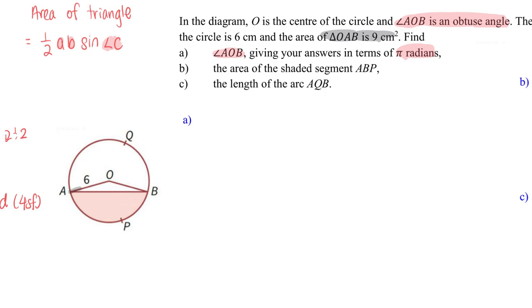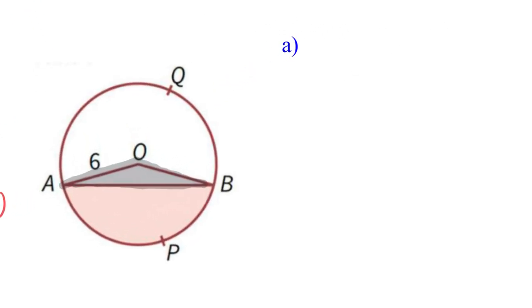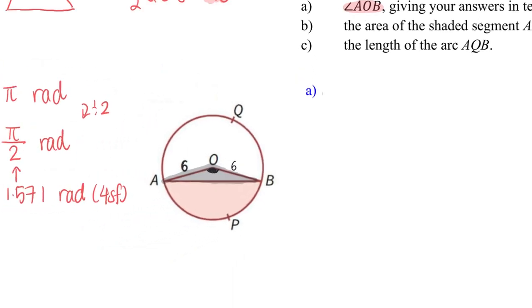9 cm squared. And I know I have this 6 and 6. And they asked me to find this angle AOB. Alright, so at this point, let's take a look.